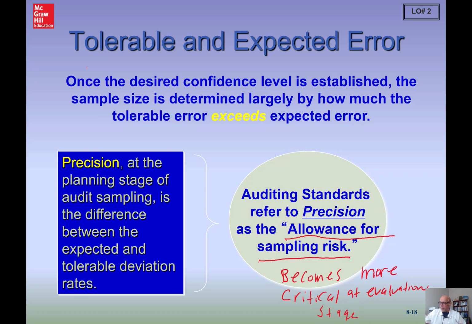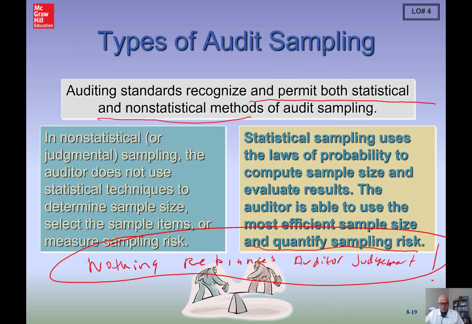So we'll worry about that concept more when we get to the evaluation stage. Right now, just understand tolerable is the maximum rate of deviation the auditor is willing to accept. Expected is what we expect based on past experience with that client, etc.